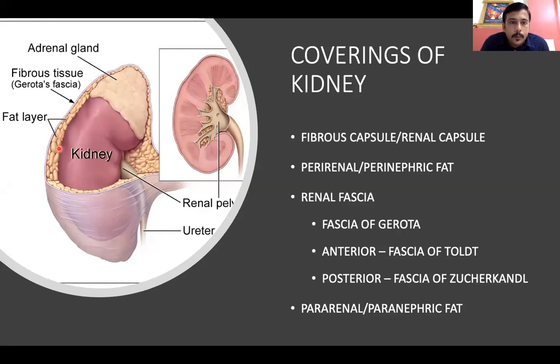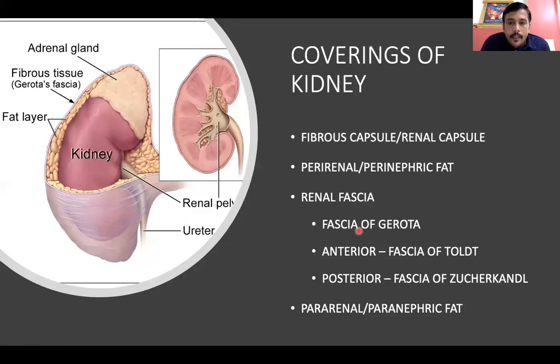These two layers, the fibrous capsule and the perirenal fat, are covered by renal fascia. The renal fascia is the condensed extraperitoneal tissue, which is part of the peritoneum, you can say.